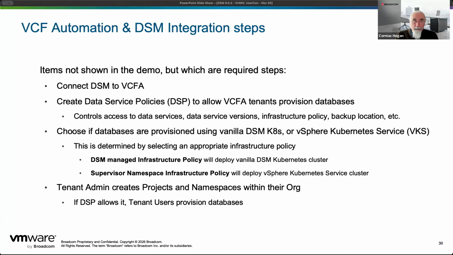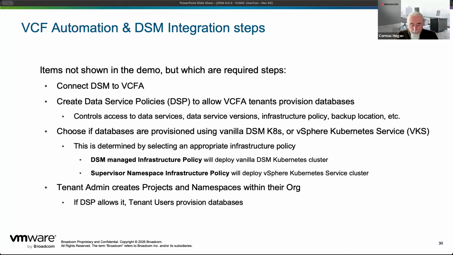Within VCF automation, it's basically set up for multi-tenancy. You have all these different organizations within VCFA, and basically what you can do is say this organization is allowed to provision Postgres onto this vSphere namespace, but this completely different organization is allowed to provision SQL Server, and they would provision onto a completely different namespace.